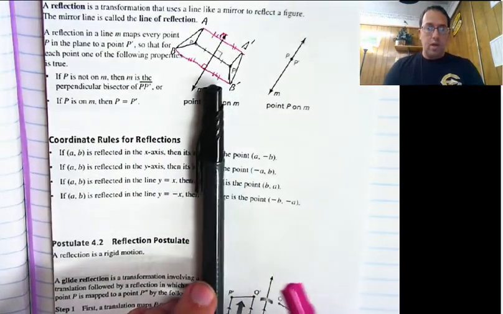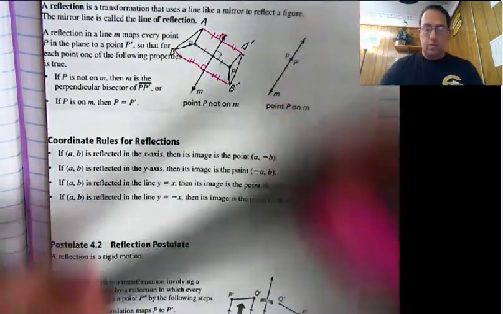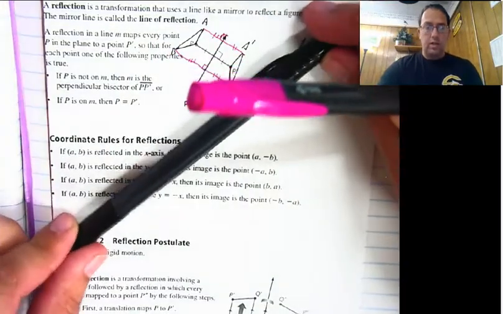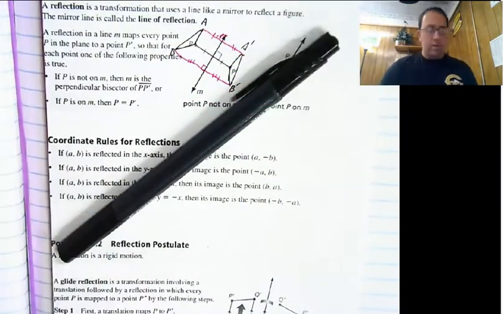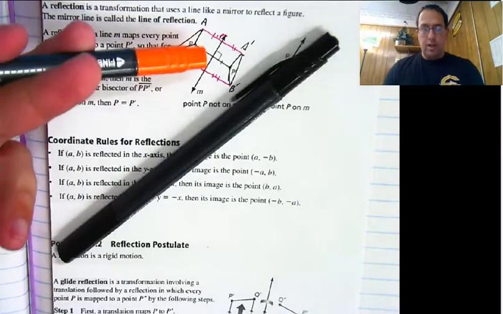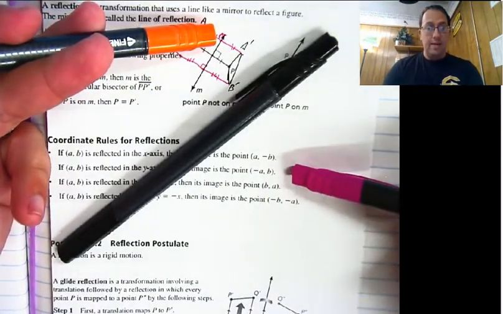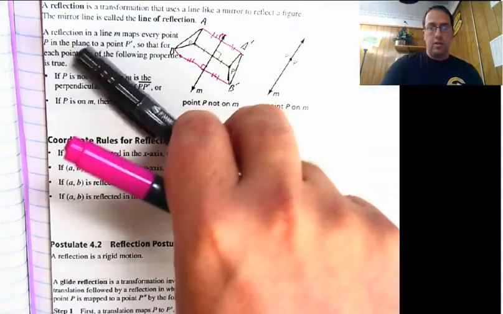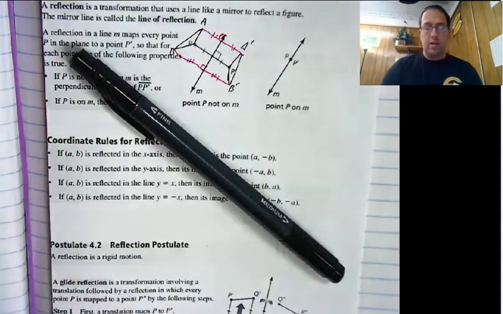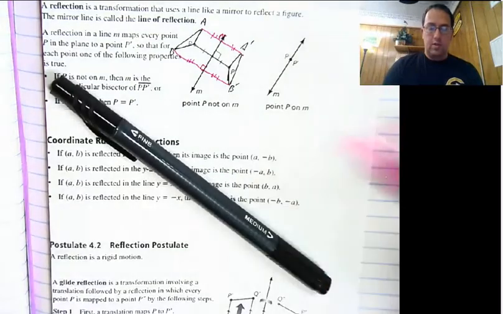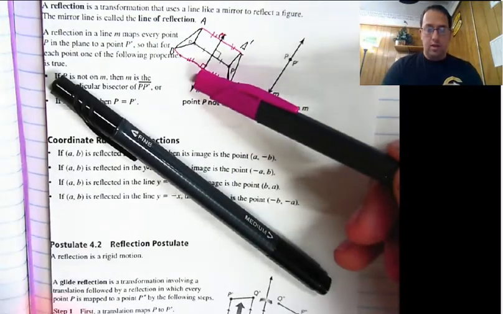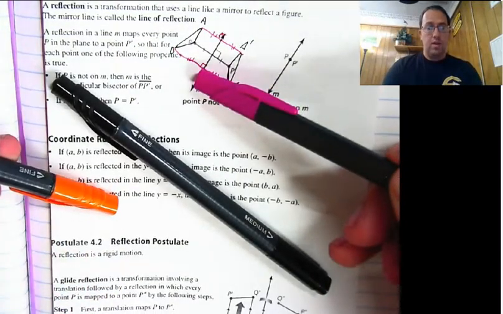All right. Other things we could reflect across would be the line y equals x, and when this happens, you change from the point (a, b) to the point (b, a), or we could reflect over the line y equals negative x, in which case we go from point (a, b) to point (negative b, negative a).